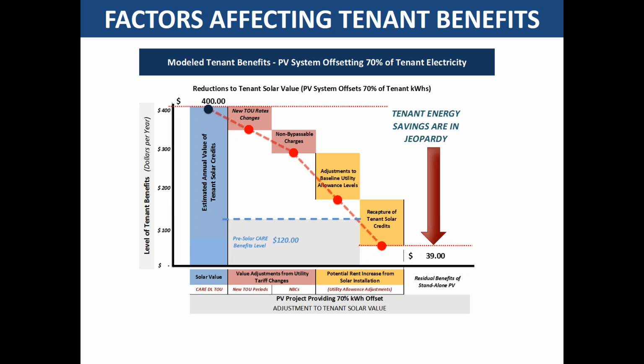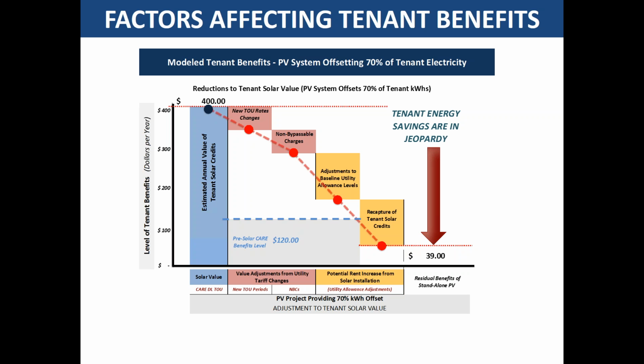So shown in the chart are the estimated reductions to tenant benefits that could be expected from a project that offsets 70% of the tenant's electricity usage. And this is a pretty optimistic scenario for a PV system in a multifamily housing project to offset 70% of each and every tenant's electricity usage. It would probably be a fairly robust and fairly large system.